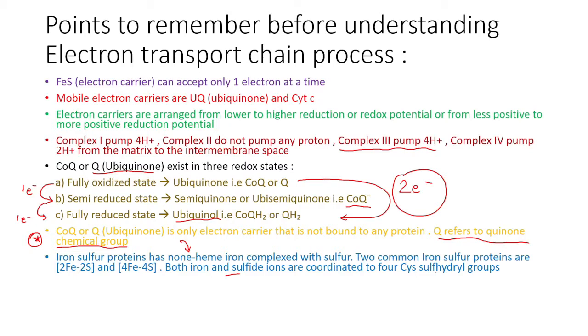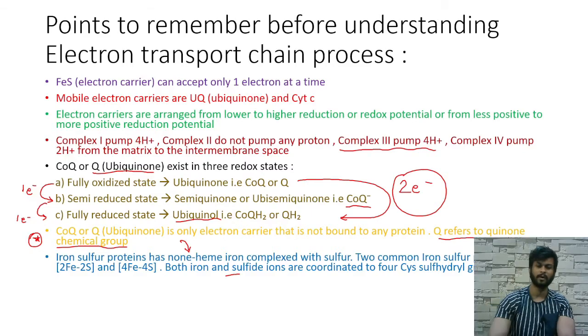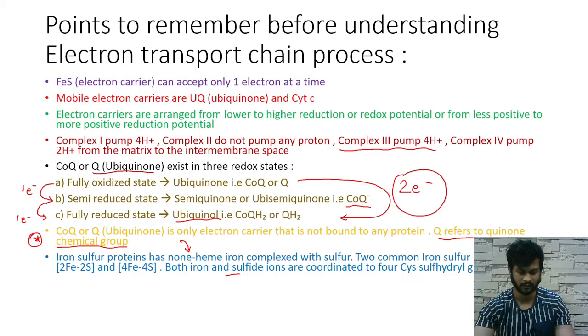This you just need to memorize. You don't need to study this in depth, because it is not at all important. Much information is provided in the reference book for this topic, subunits and all. You don't need to remember it.